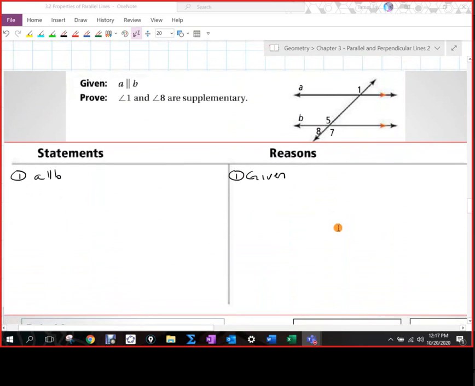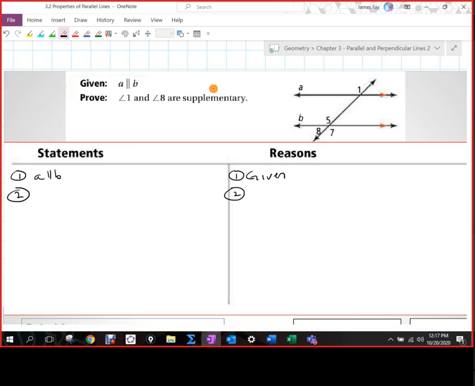Okay, so whenever I see in a proof from here on out, from today to the end of your math careers, a proof that uses the parallel symbol, you're going to look at your picture and start writing the congruencies that you know and anything that might be supplementary that you know.